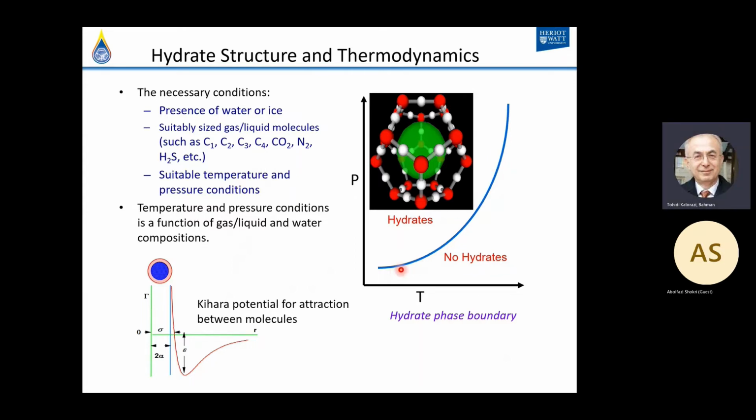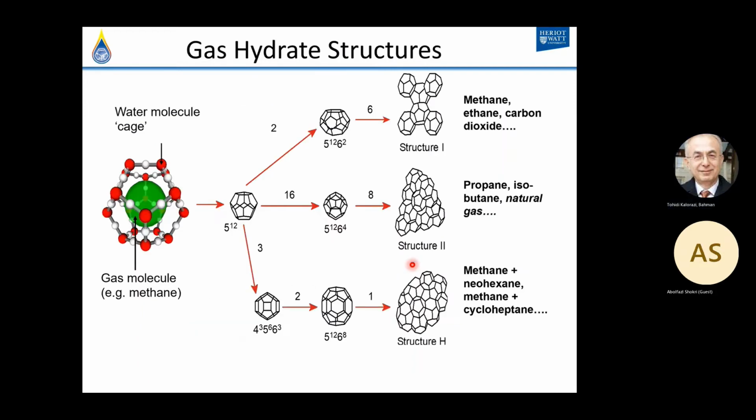And this phase boundary we can determine in two ways. First of all, I need to say that there are three hydrate structures: structure 1, structure 2, and structure H. And here we determine the composition of the different structures.